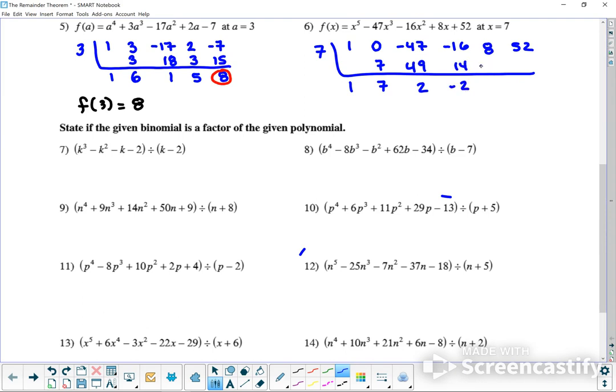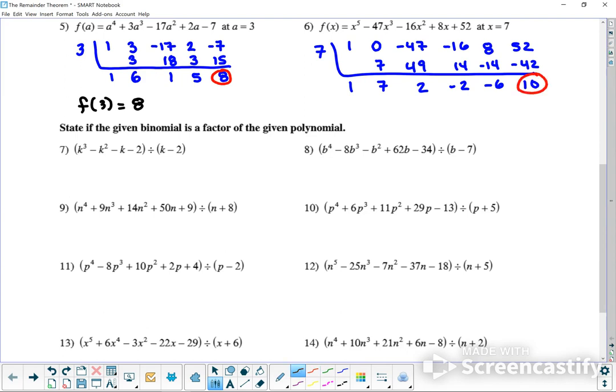Multiply it, you're going to get negative 14. Add it, you're going to get negative 6. Multiply it, you're going to get negative 42. Subtract that, you're going to get 10. That's your remainder.